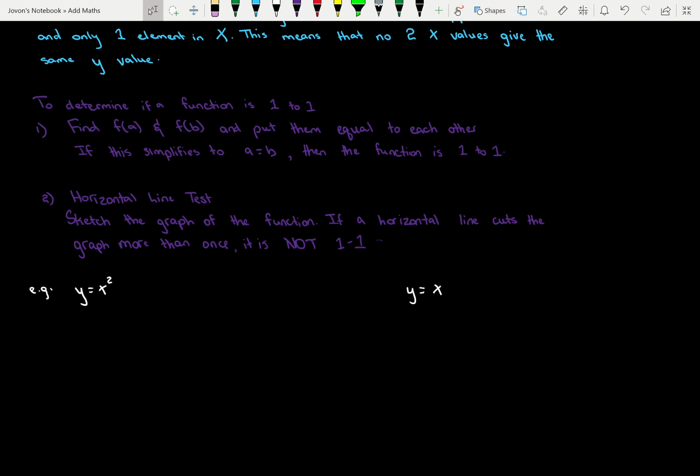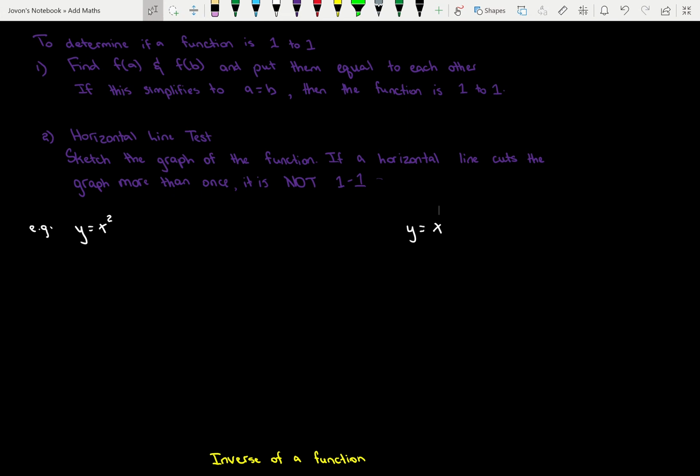Okay, so we have y is equal to x squared. Let's do the first test first. Let f of x be equal to x squared. Then f of a is equal to a squared, and f of b is equal to b squared.